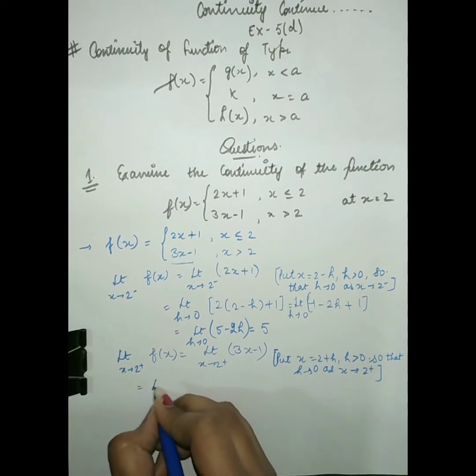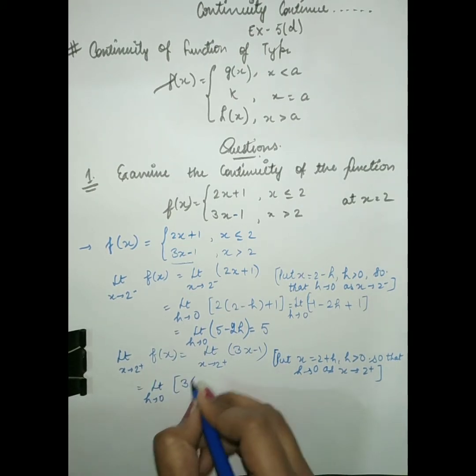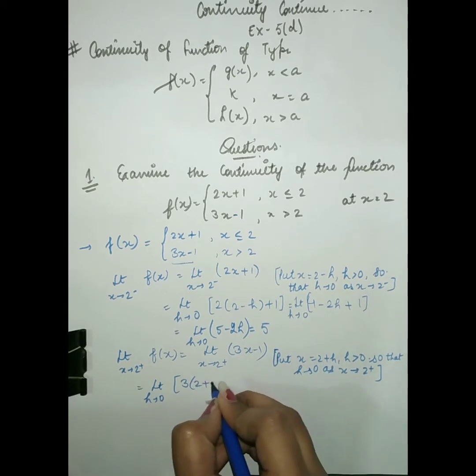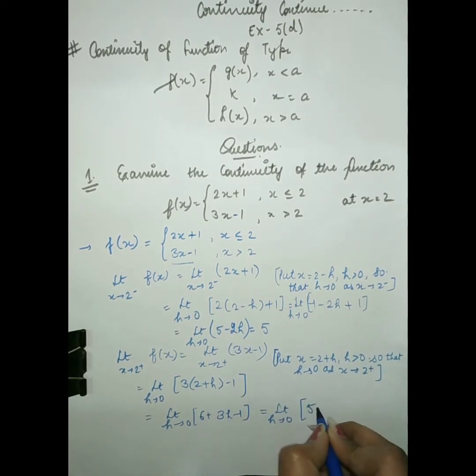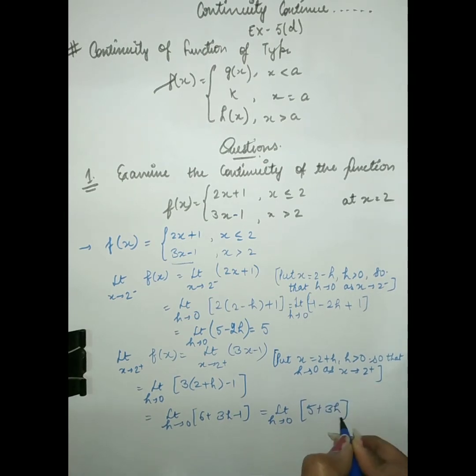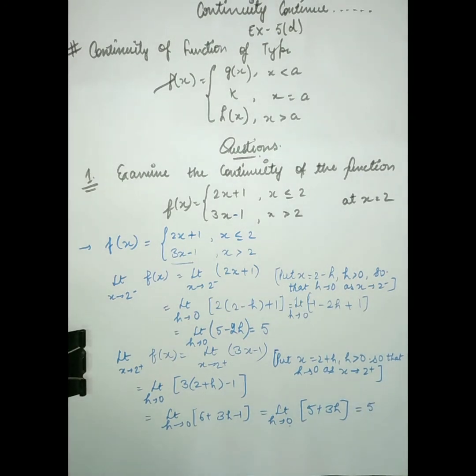Then we get limit h approaches 0 of 3(2 plus h) minus 1, which is 6 plus 3h minus 1, that is limit h approaches 0 of 5 plus 3h. Here we put the value of h as 0, then we get 5.